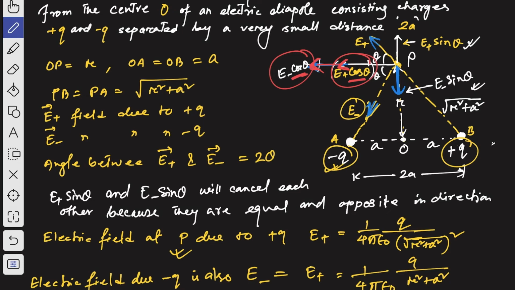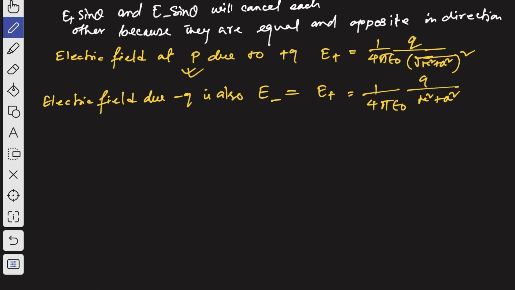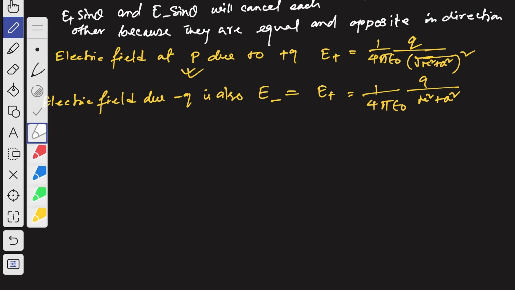So the resultant field will be the sum of these two, E negative cos theta and E positive cos theta, right?